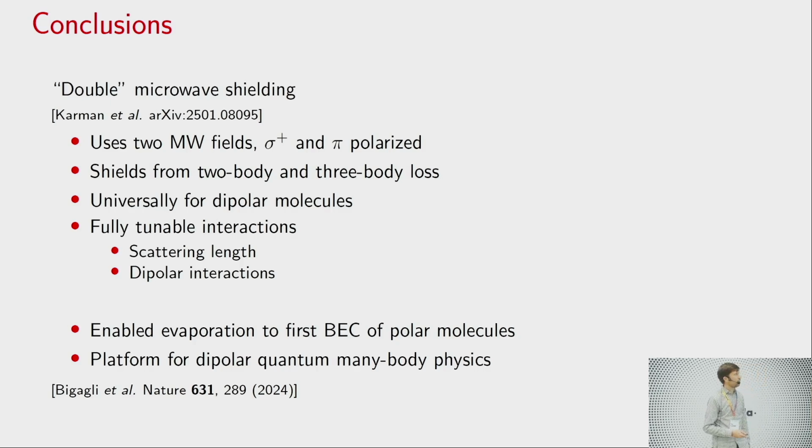Together, this enables evaporation to quantum gases of these molecules where you get comprehensive control over the interactions in this quantum gas. And so that really makes dipolar molecules now a mature platform for quantum many-body physics. So I think this is a very exciting prospect.